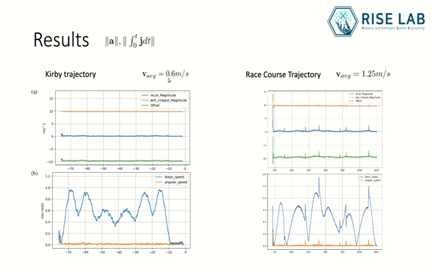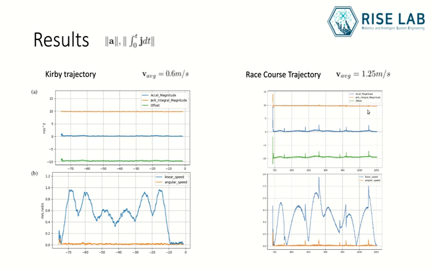Starting at an average velocity of 0.6 meters per second and the curved trajectory, we see that the metric C, which is this green curve for all graphs, is almost constant. The velocity reached peaks near 1 meter per second. So at this velocity, the estimation is actually reasonable.